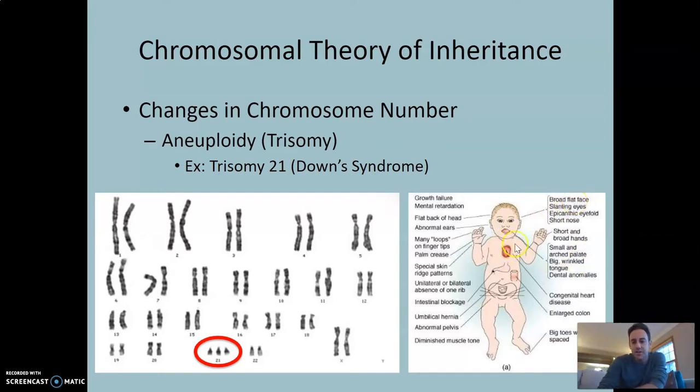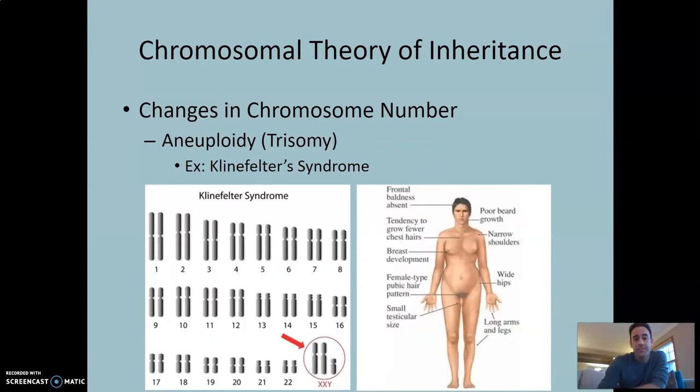There are some heart issues associated with it. There are just lots and lots of issues. And basically the reason for this is because if you're getting an entire extra dose, so to speak, of all the genes on that entire chromosome, that is going to disrupt homeostasis in the body. You're having too many protein products, and that causes a lot of problems.